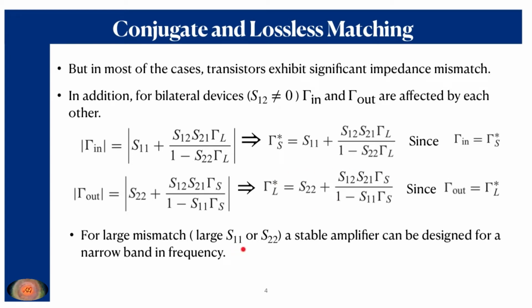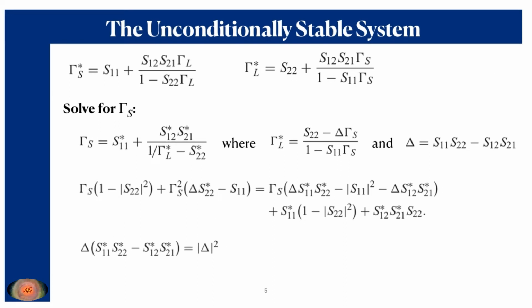Now, these S11 and S22 S parameters take into account the reflection associated with the transistor itself. So if these S11 and S22 become very large, then you can design a stable lossless amplifier for a narrow band in frequency ranges.